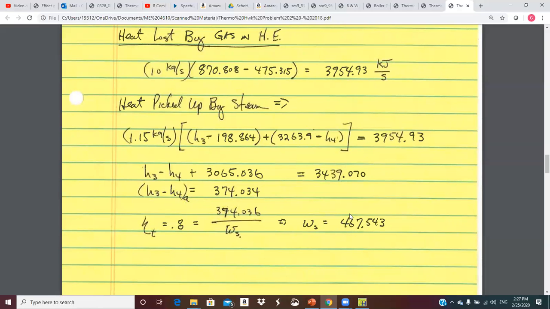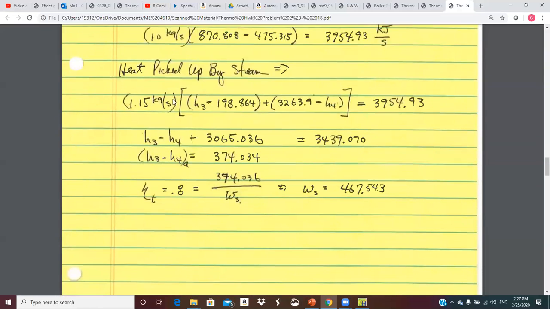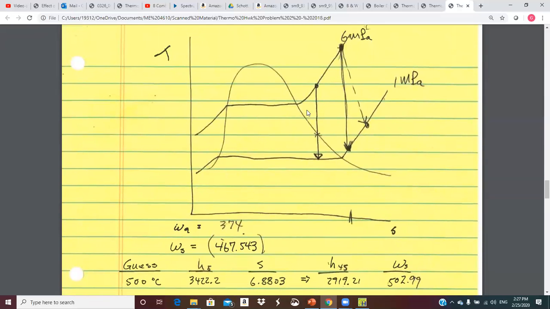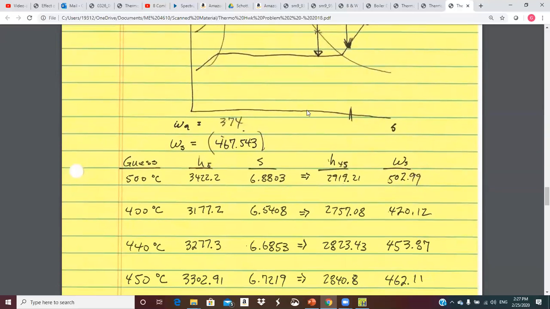If I use the isentropic efficiency, then the isentropic work, I can divide that by 0.8, and it's 467. Okay, because I've got 2 unknowns here, and the only way I figured out how to do this was to guess a temperature. So I said, okay, I'm going to guess 500, and then I'm going to evaluate H5, and then evaluate the isentropic 4, and calculate the isentropic work.